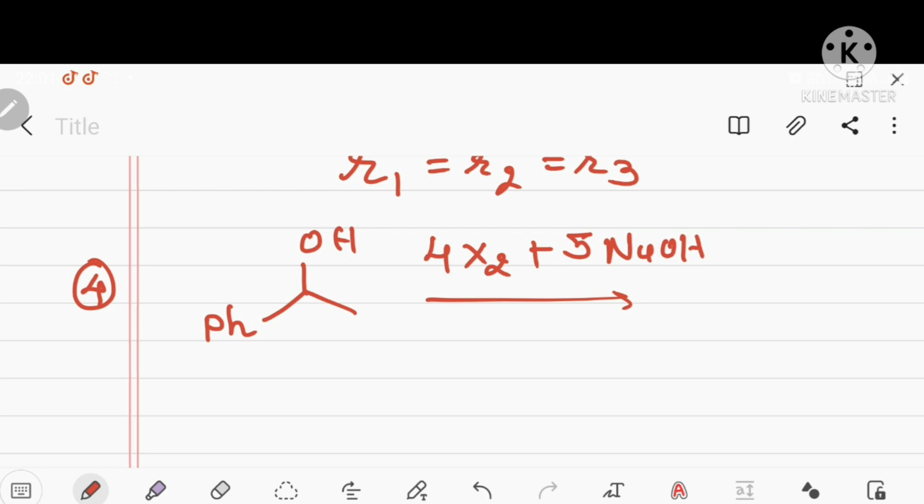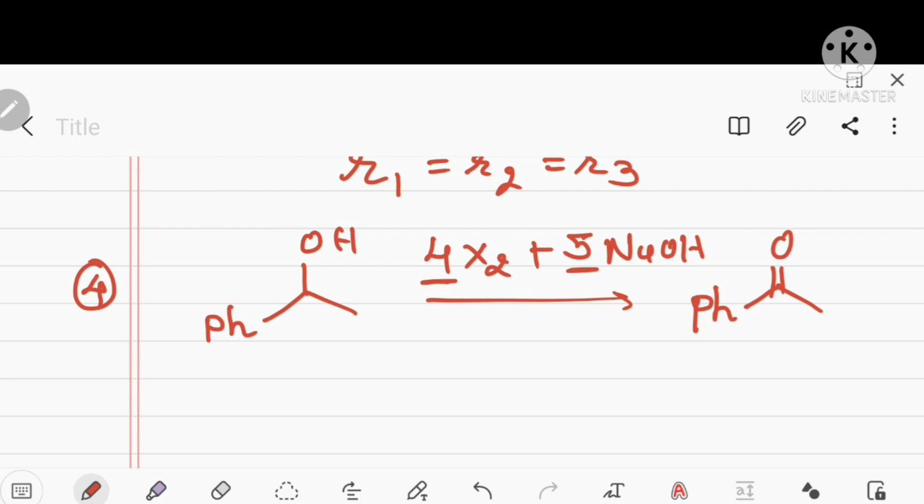But you should remember, students, here you have given 4 moles of halogen and 5 moles of NaOH, whereas in the previous one 3 moles of X2 and 4 moles of NaOH were required. During the mechanism, here 1 mole is additional, so halogen and NaOH first convert this alcohol, oxidizing it to this kind of ketone.